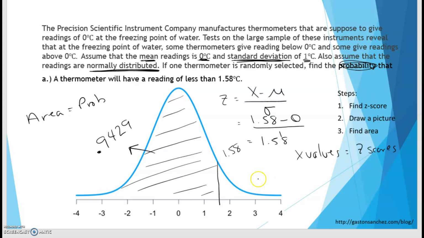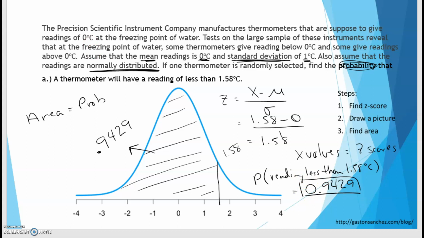So the probability that a thermometer will have a reading of less than 1.58 degrees Celsius is equal to that area that we just found, 0.9429. And that's our final answer.